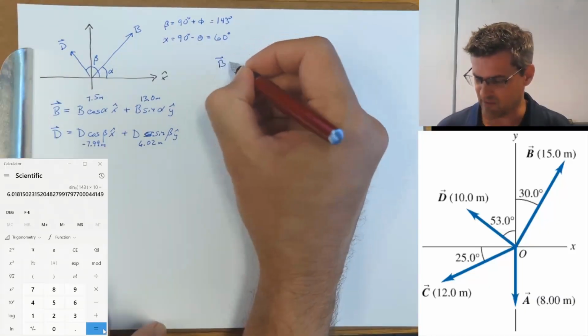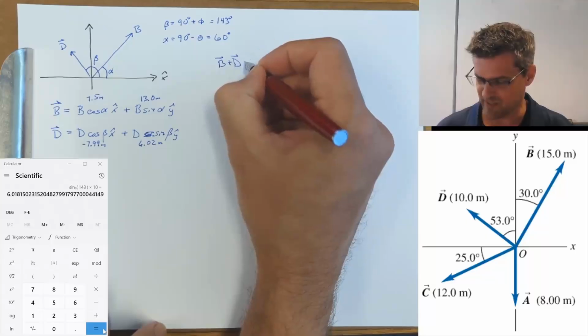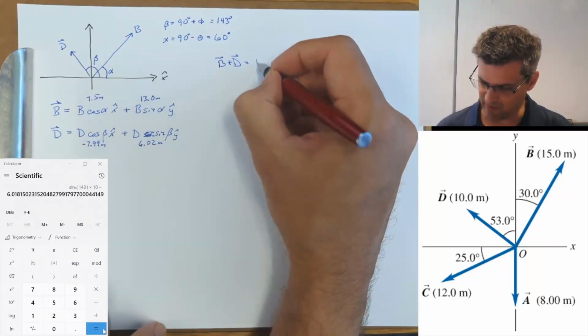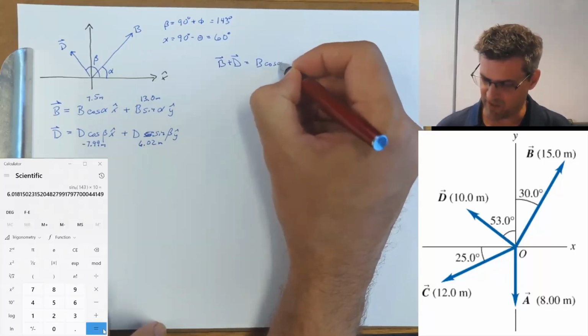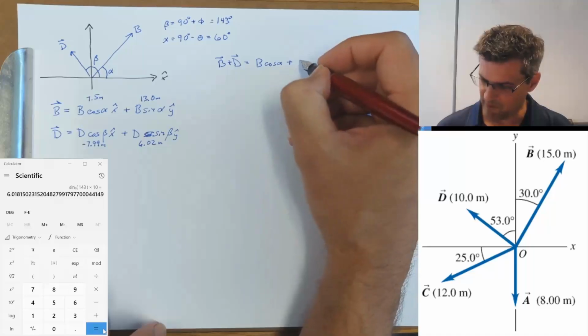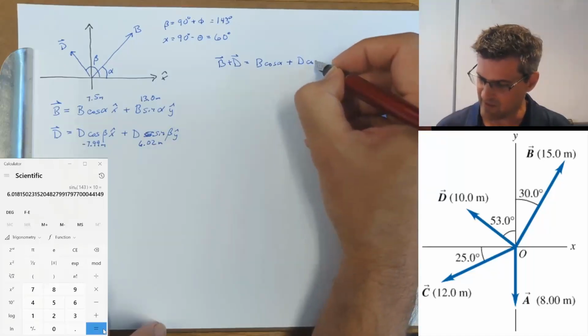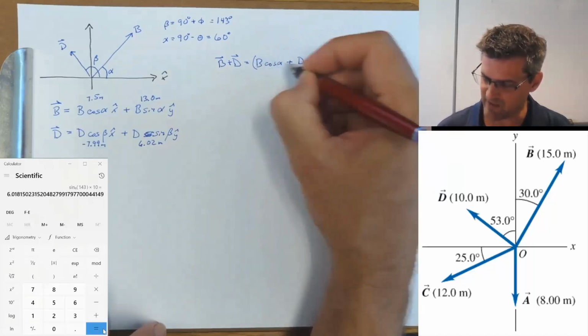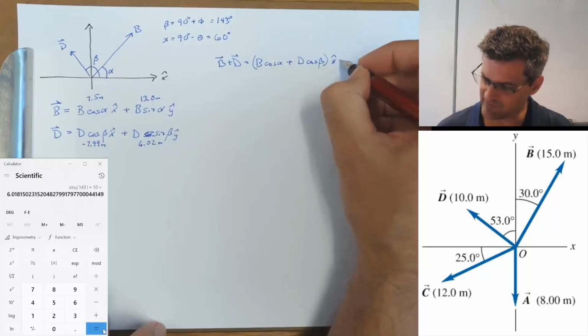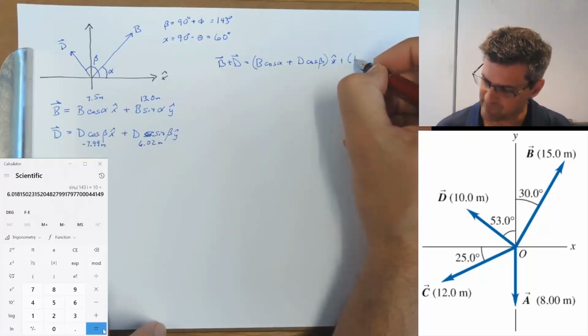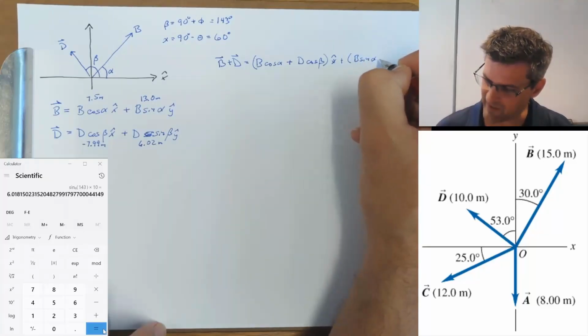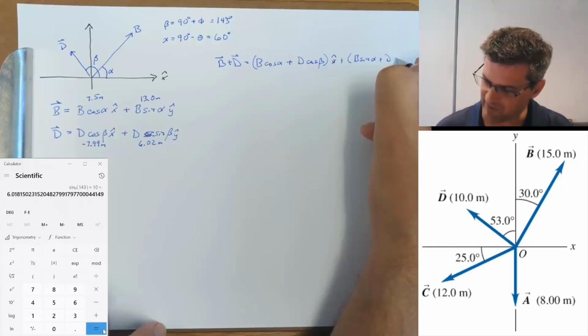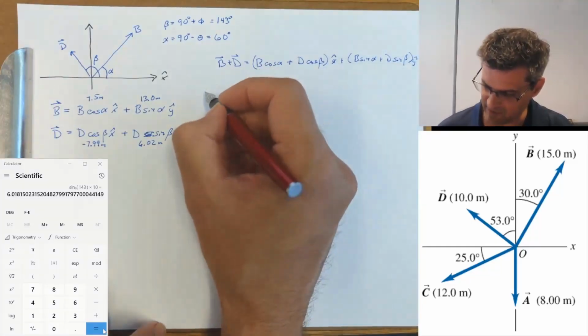We could concern ourselves with b plus d, and that will be b cosine of alpha plus d cosine of beta in the x, and b sine of alpha plus d sine of beta in the y. Okay.